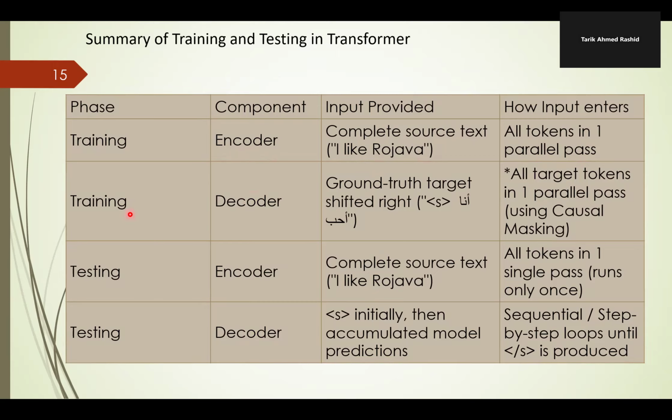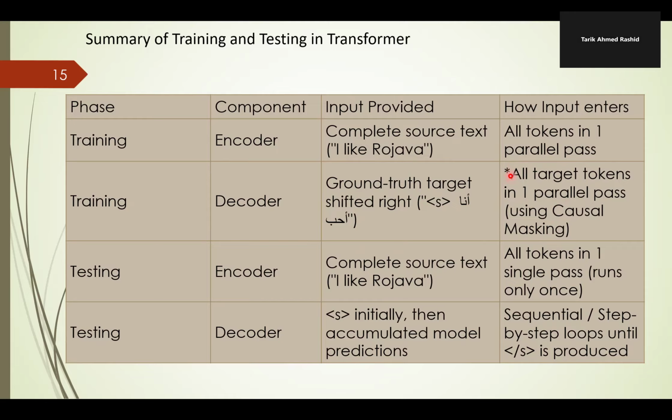In training, the decoder takes the ground truth target, which is the start token, ANA, AHAB. Again, all target tokens go in a parallel pass using a causal mask, okay?